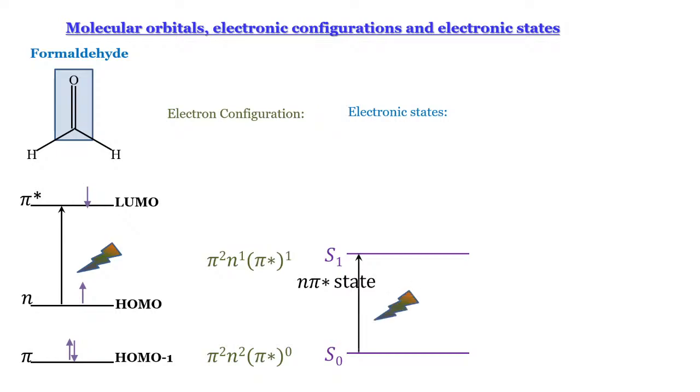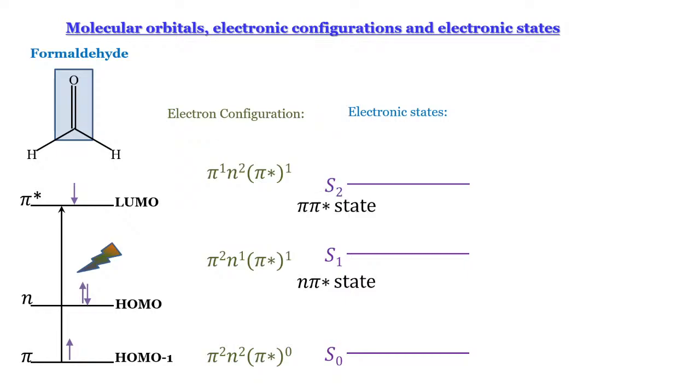So the transition that we have shown there essentially can be shown in this kind of diagram also. The other thing that can happen is that you can have a transition from HOMO-1 to LUMO. So that will give us the configuration of pi 1, n 2, pi star 1. That will take you to S2.